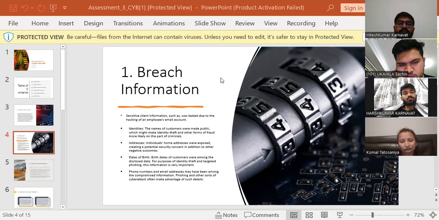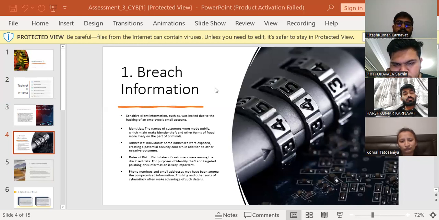Dates of birth. Birth dates of customers were among the disclosed data, useful for identity theft and targeted phishing. This information is very important. Phone numbers and email addresses may have been among the compromised information. Phishing and other sorts of cyber attacks often take advantage of such details.